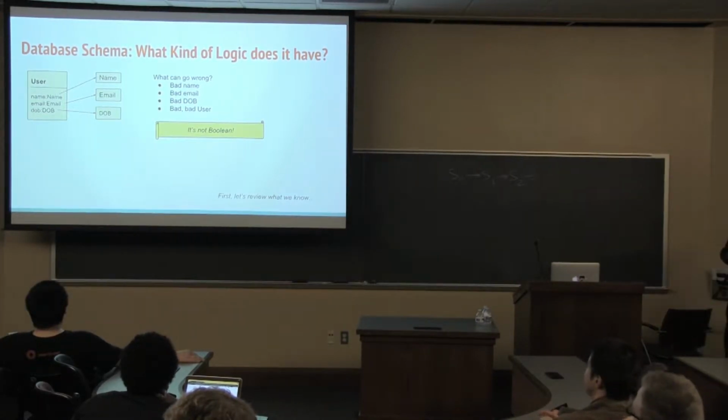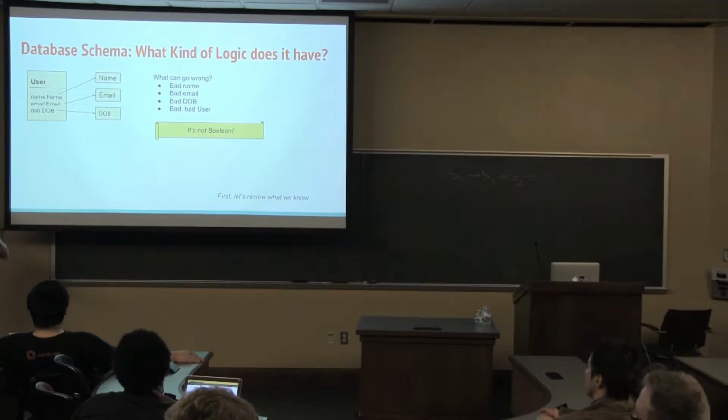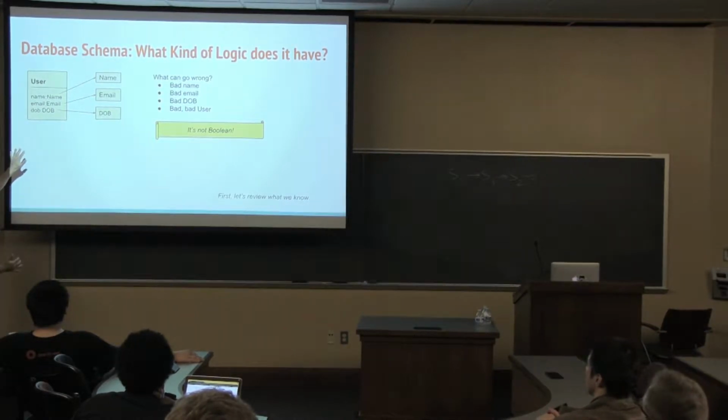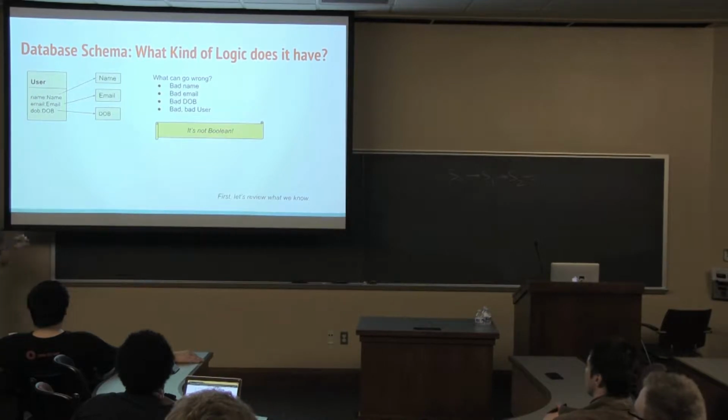So what if we try to introduce some constraints? We can introduce constraints on name, like it could be a good name or a bad name. A bad name may be just an empty string, or null. How about email? Email can be validated, so it's email or not, good or bad. Date of birth could be good or bad. So now if we have user, what can go wrong with user?